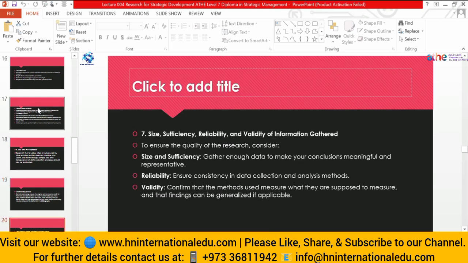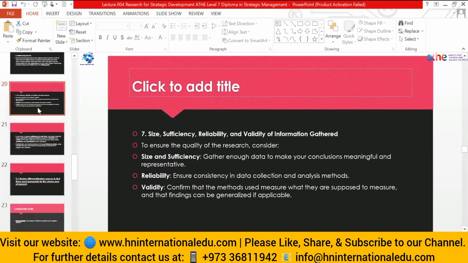Then size, sufficiency, reliability, and validity of the information gathered. This was actually the last point from the indicative content. To ensure the quality of the research, consider size and sufficiency. That is, gather enough data collection and analysis methods. That is, you should have a bulk amount of papers.